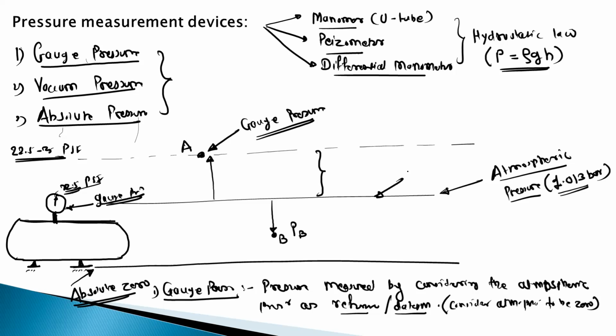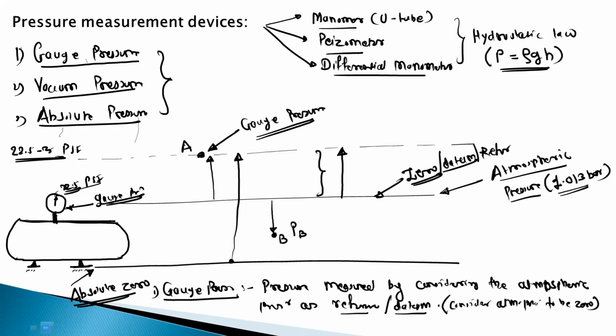So for that, we assume this atmospheric pressure as a zero line or the datum line. This is the datum line or the reference line. And with respect to this line, we just measure the pressure. So this is called gauge pressure. But if you measure the pressure with respect to absolute zero, this total pressure is called absolute pressure.